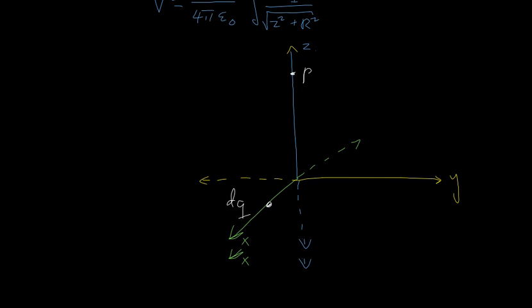Here's my ring, my continuous charge distribution. And I draw a line from point P to my infinitesimal element, dq.